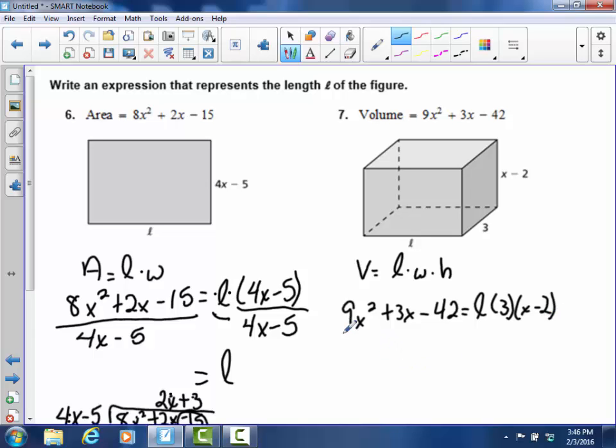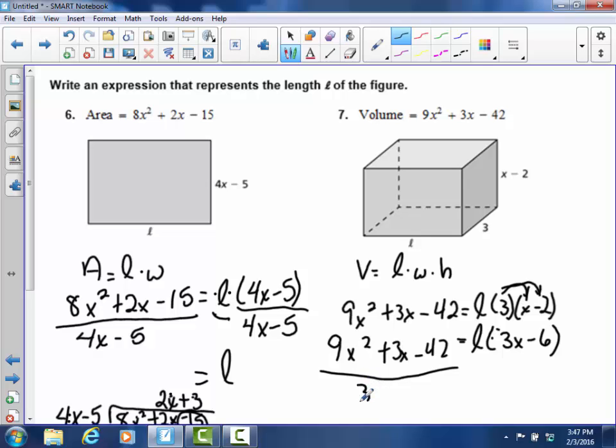Right, so this is as simplified as I can get. Over here, I can go ahead and distribute that 3. Okay, so I'll have L times 3x minus 6, in parentheses. And then this looks like the previous problem. So I'm going to divide 9x squared plus 3x minus 42 by 3x minus 6.